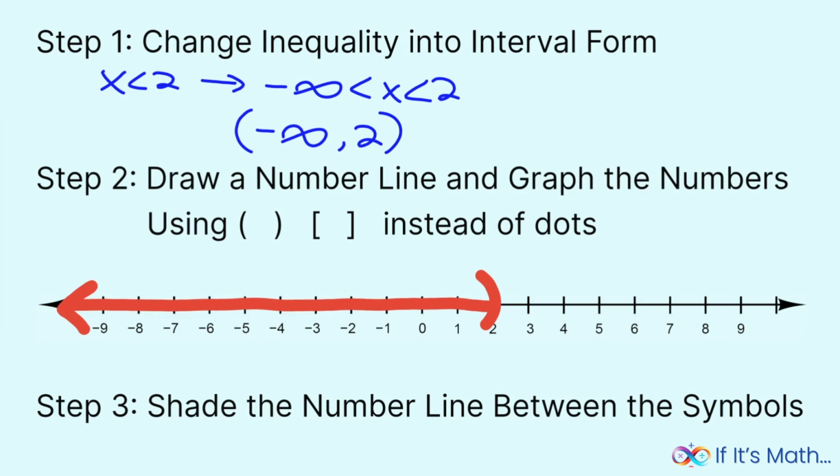And when you take a look at it, it makes sense, right? So here was our 2 point. We're using this parenthesis because it's not or equal to. So this is telling us that any number to the left of 2, not including 2 because it's a parenthesis, is what we're looking at. So that's how you graph an inequality.